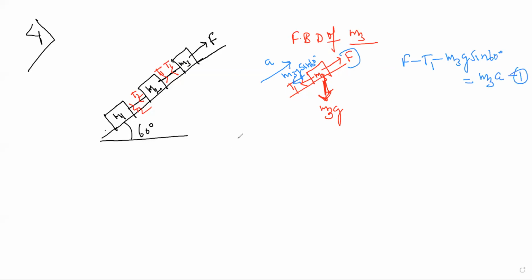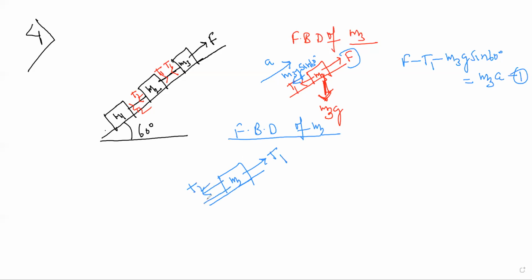Now, the free body diagram of M2. What is happening with M2? This is M2, and in this direction tension T1 is acting. In this direction tension T2 is acting.